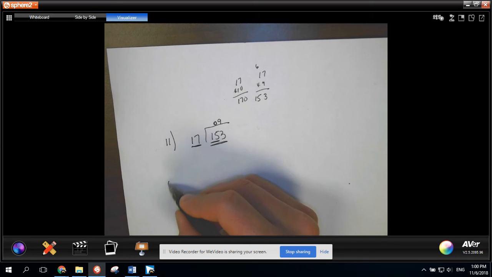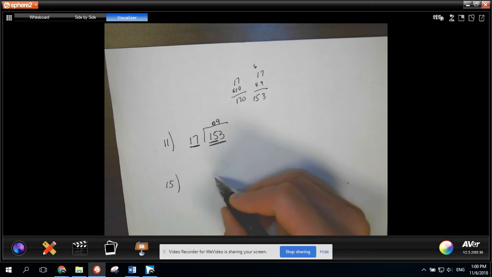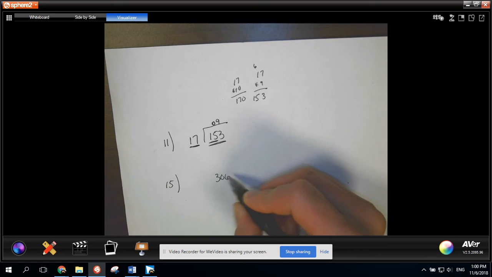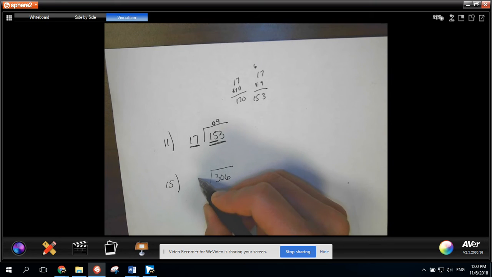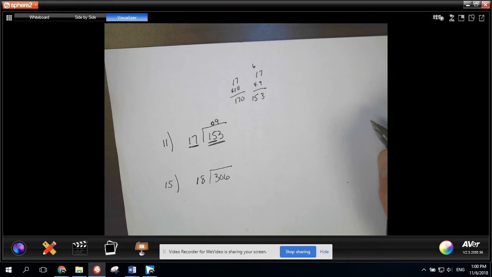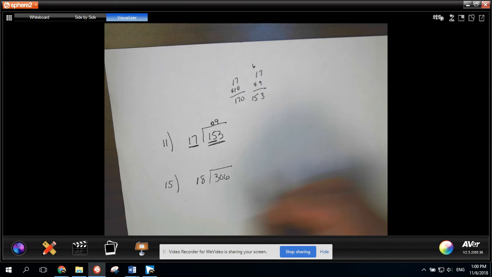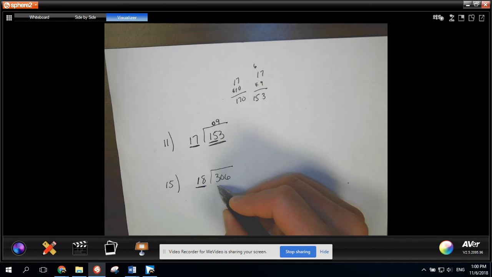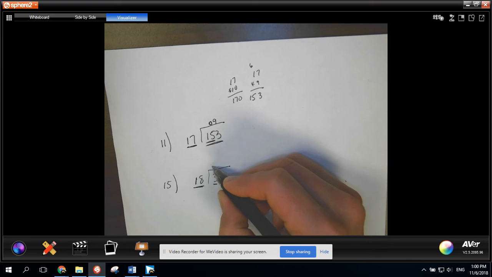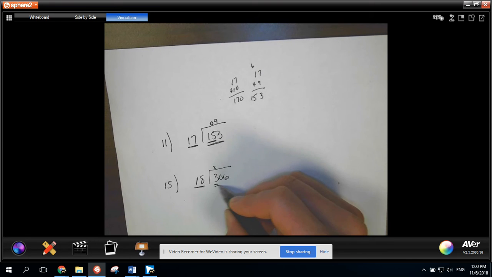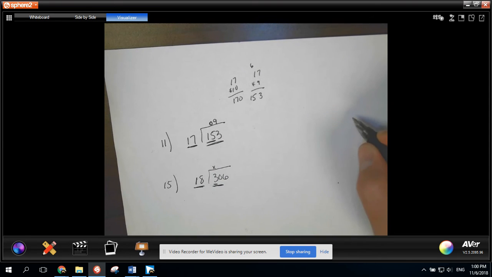Let's try another one, number 15. Number 15, 306 divided by 18. Okay, so like the first time, we're going to check, does 18 go into 3? The answer is no. Does 18 go into 30? And that one is yes.